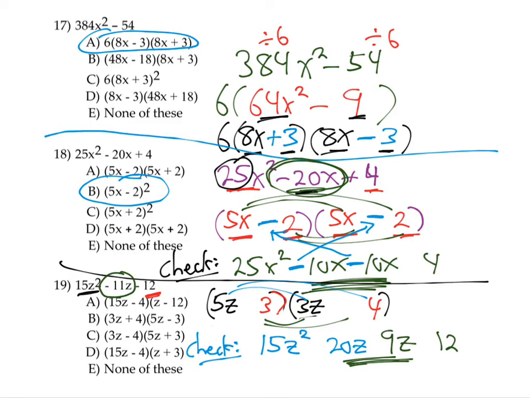Remember how it works? The sign in the middle goes on the bigger. That minus sign there in the middle goes on the bigger. And then the other one, the 9, can be plus or minus. What does it need to be to make the middle minus 11z? Needs to be plus, right? If you lose $20, you gain back 9, you lost 11.